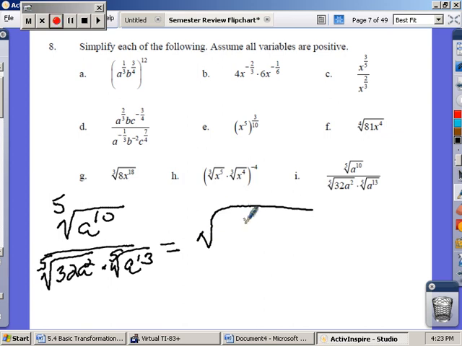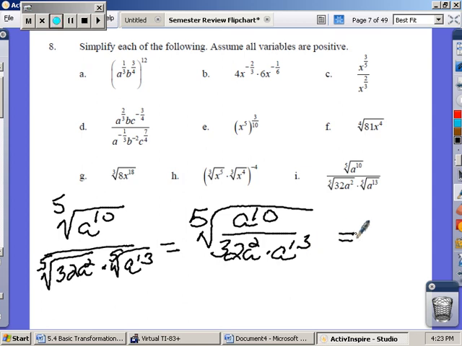We can put it all underneath the same radicand because everything has the fifth root. a to the 10th all over 32a squared times a to the 13th. Fifth root of a to the 10th over 32a to the 13th.